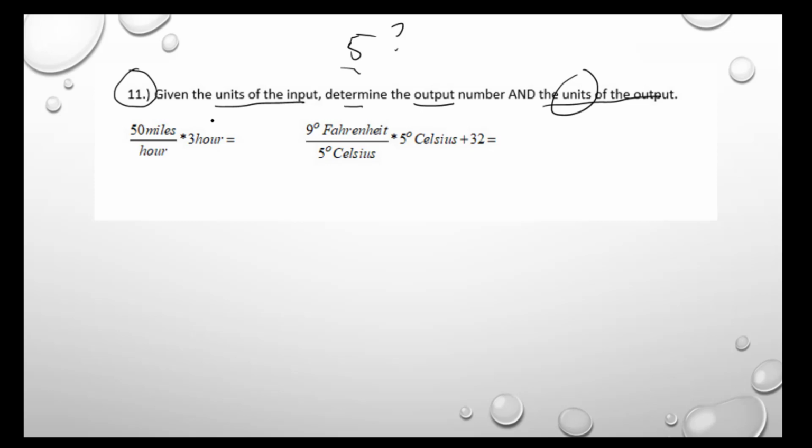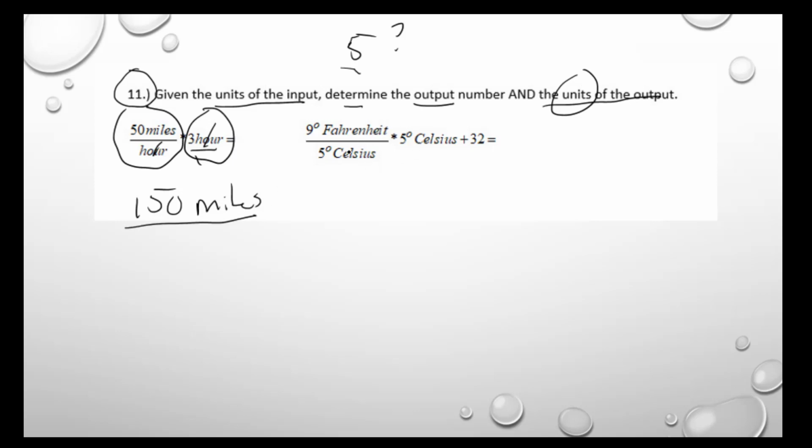So the output's important, right? You can look at this and say, okay, these cross out. So the answer in units is miles. And 50 times 3 is 150. So 50 miles per hour times 3 hours is 150 miles.